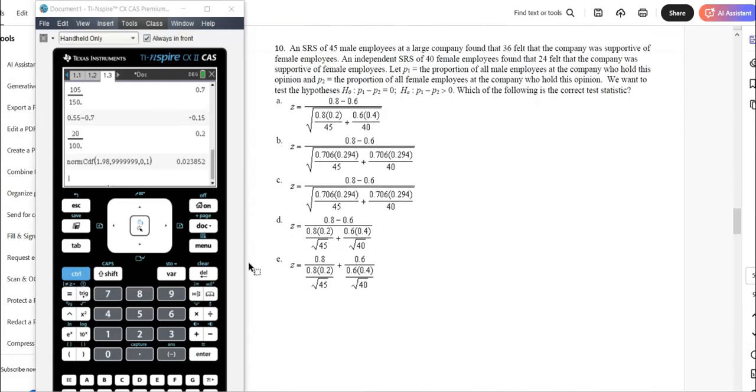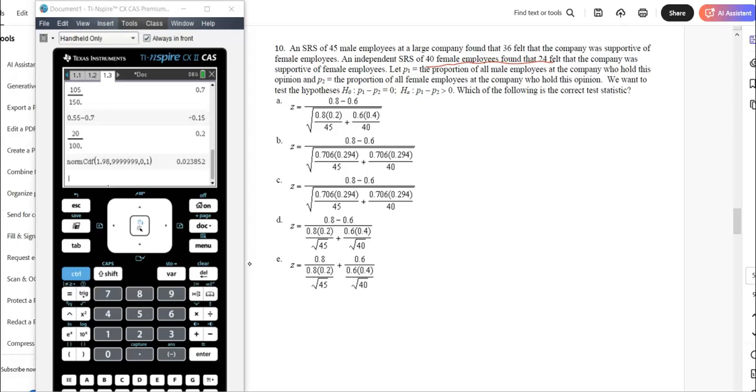A similar sample of 45 male employees at a large company found that 36 felt that the company was supportive of female employees. An independent random sample of 40 female employees found that 24, so 24 out of 40, felt the company was supportive of females. P2 is the proportion of all female employees who hold this opinion.